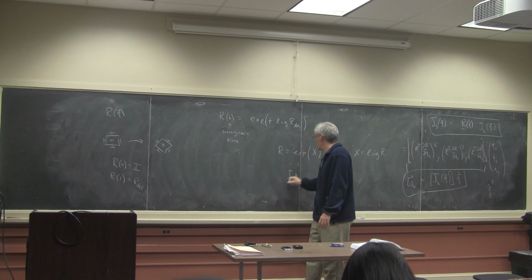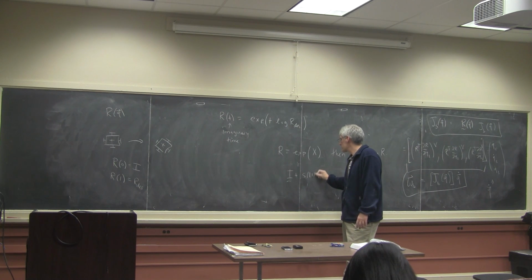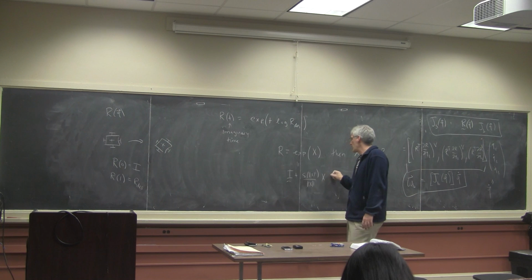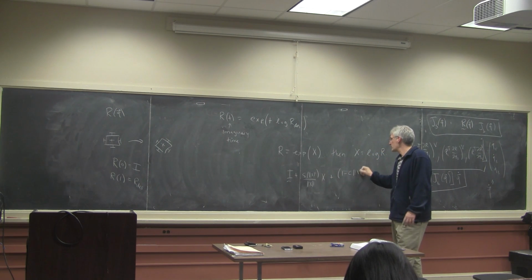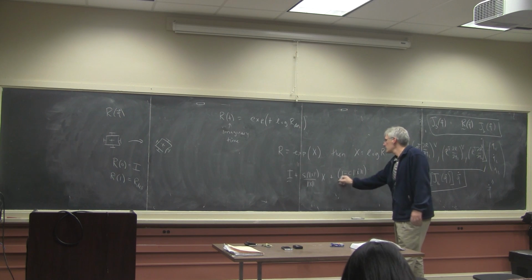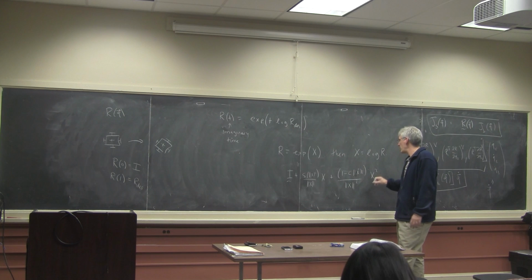This is the identity plus sine of the magnitude of X divided by the magnitude of X times X, plus 1 minus cosine of the magnitude of X divided by the magnitude of X squared times X squared.